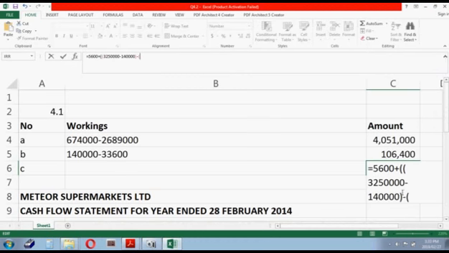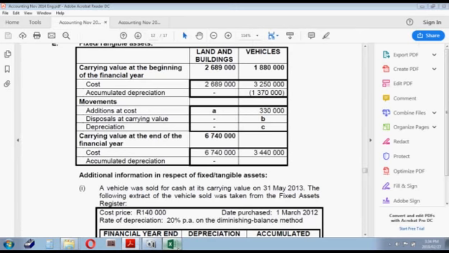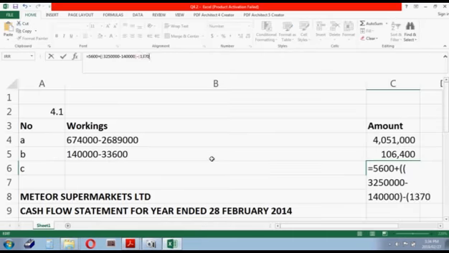So it's 1,370,000 minus the 28,000. So we have now subtracted the accumulated depreciation.